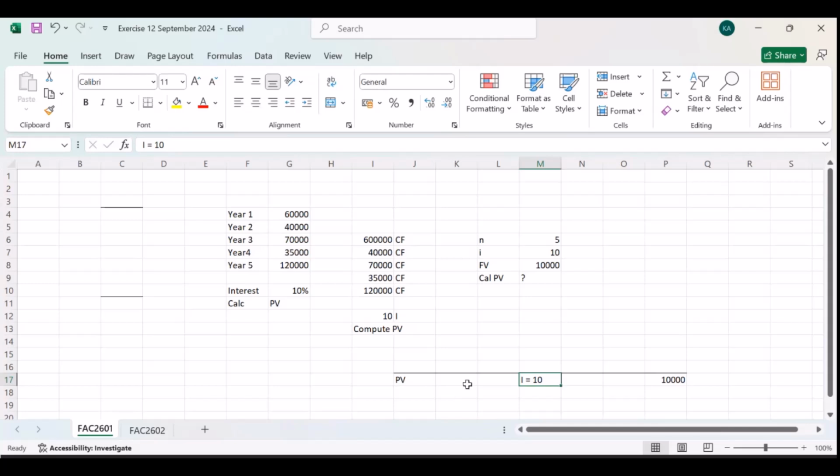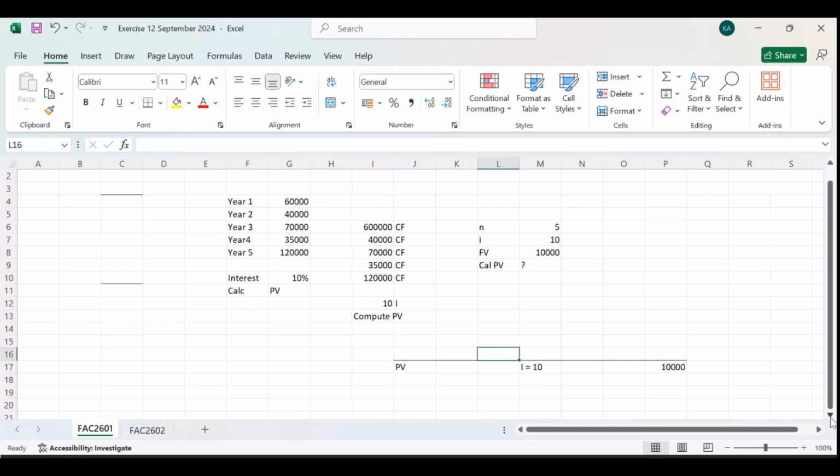So you estimate the amount it is going to cost you in 5 years' time to restore it. Let's say it's 10,000. You use an imputed interest rate, let's say 10%, then you compute PV to give you your present value.